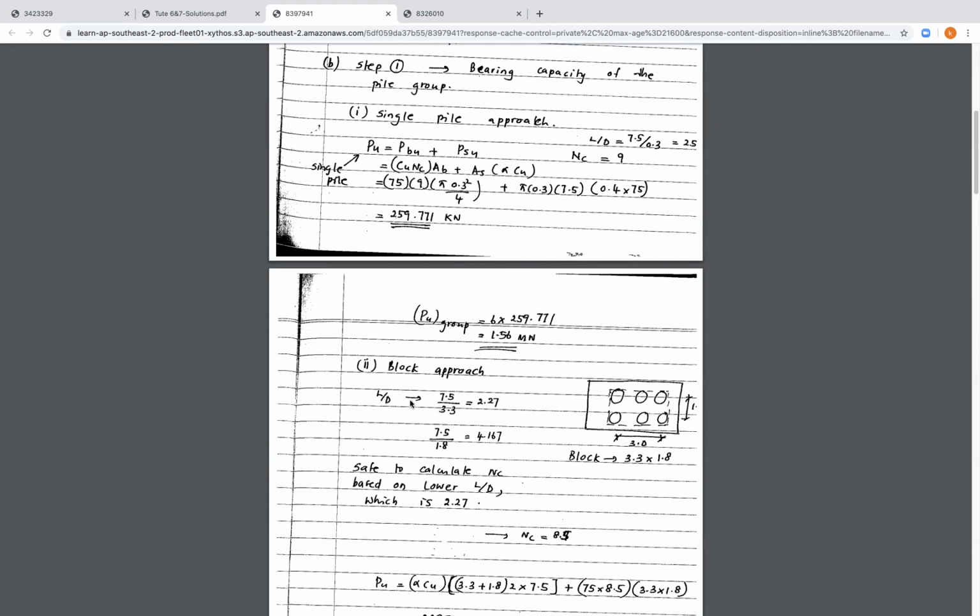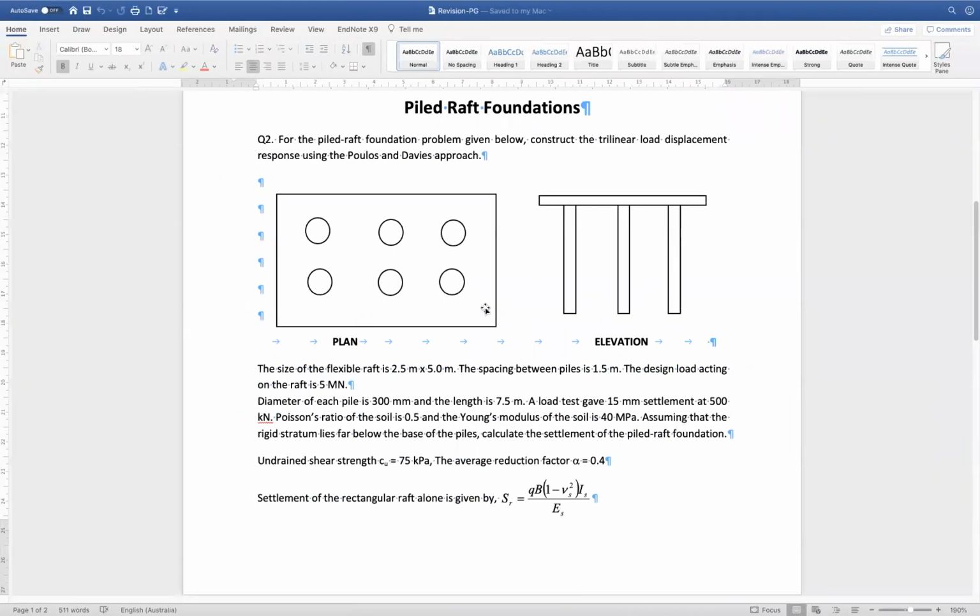So we need now to check the new diameter, because now we're going to have a new diameter here. We need to find the layout of the piles here, knowing that the spacing, diameter to diameter, is 1.5 meter.